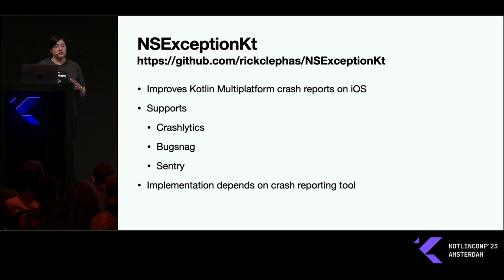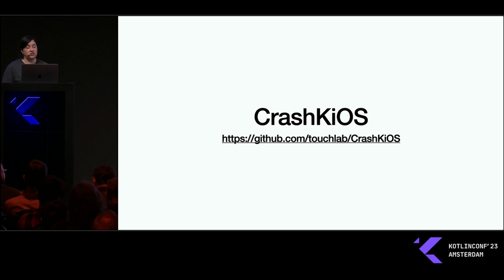It supports different tools like Crashlytics and Bugsnag and Sentry, but I'm not going to show you how they actually work because the implementation depends on the crash reporting tool, but the documentation is really good. Another option is CrashKOS from the folks at TouchLab, and it only supports Firebase and Bugsnag, but in the articles and readmes of these two different parties, they actually credit each other for working on the solution together.